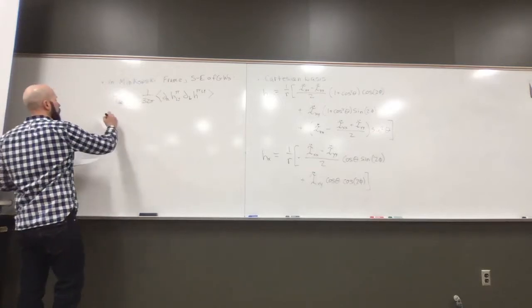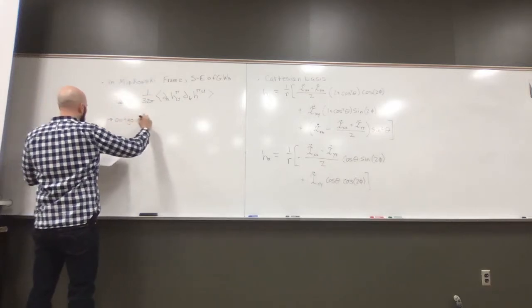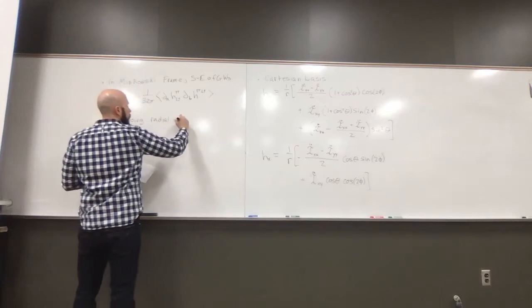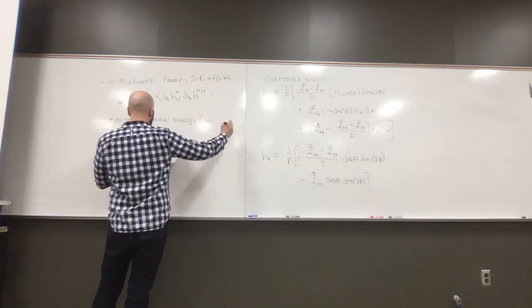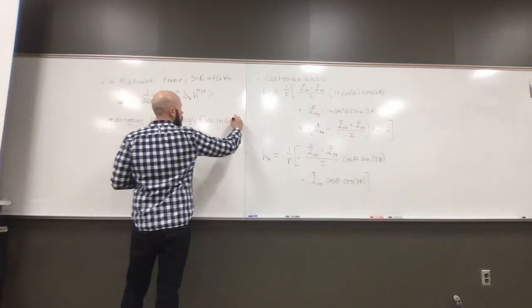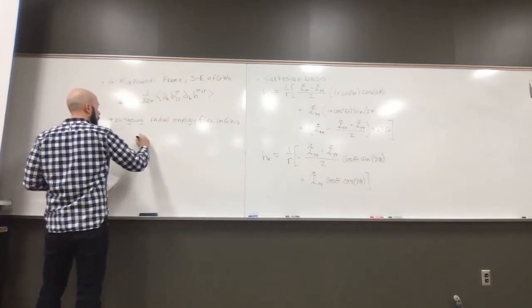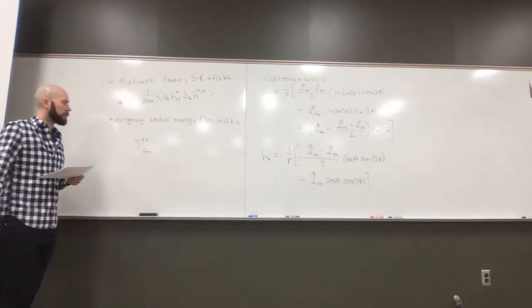Okay, so then the outgoing, going away from the source, radial energy flux carried by the gravitational waves is then, just like we did before, the time and radial component of the stress energy tensor.